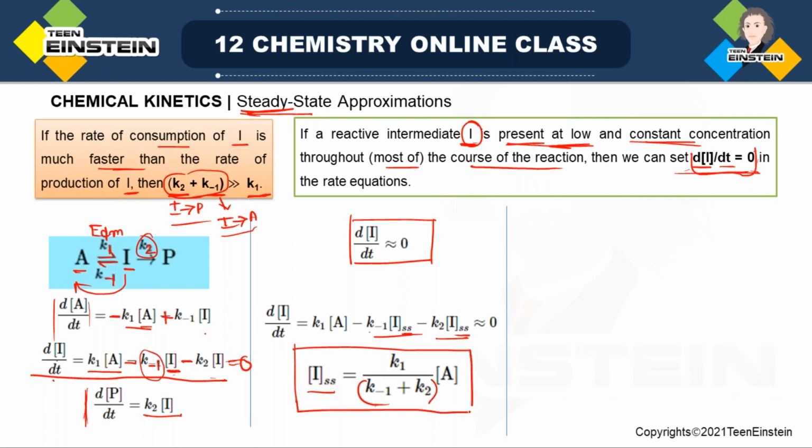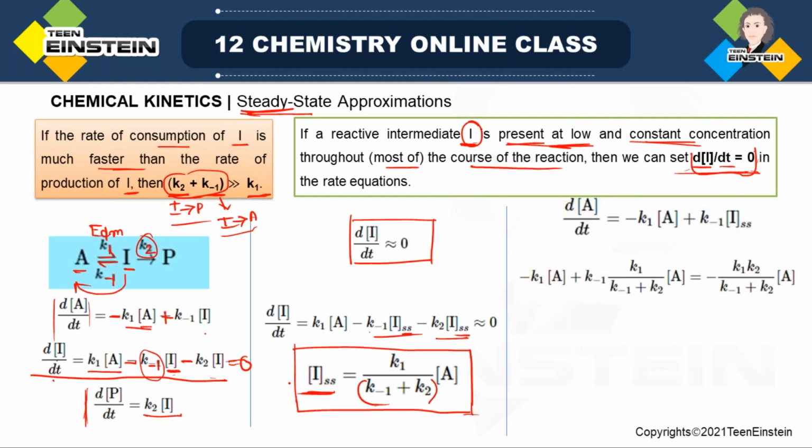So after the approximation we have applied here, we are getting this final equation, that is, the steady state concentration of I. This is the value we can get from this equation. And if you consider the first equation, that is dA dt, and in place of I, you write ISS, now you know the value of ISS.